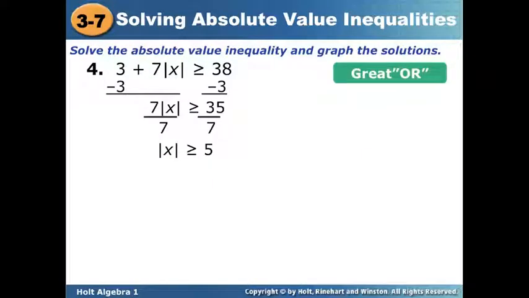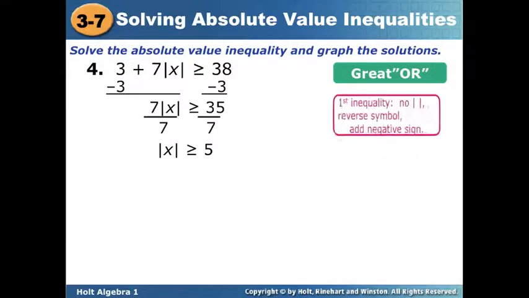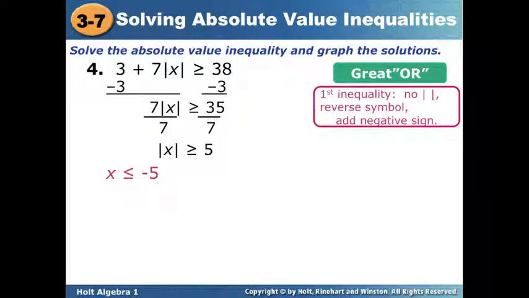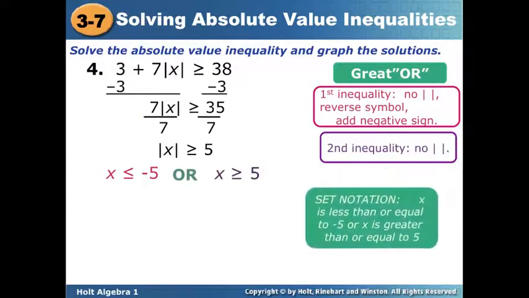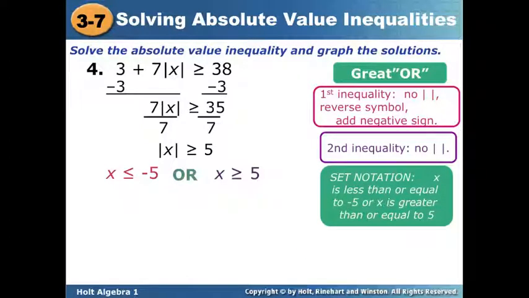This is a greater than symbol, so it would be an OR problem. X is less than or equal to negative 5, or x is greater than or equal to positive 5.